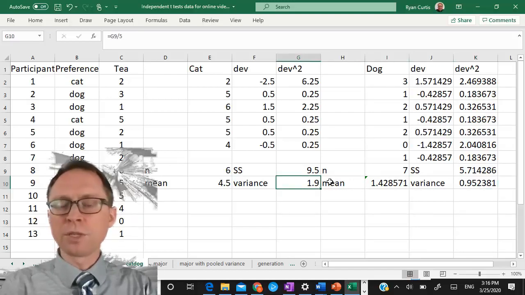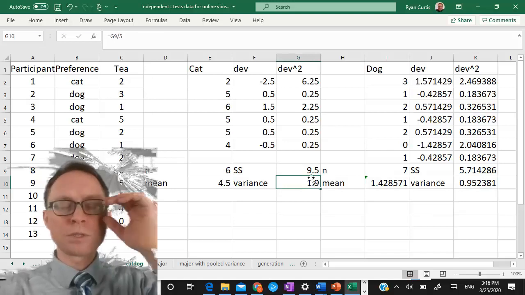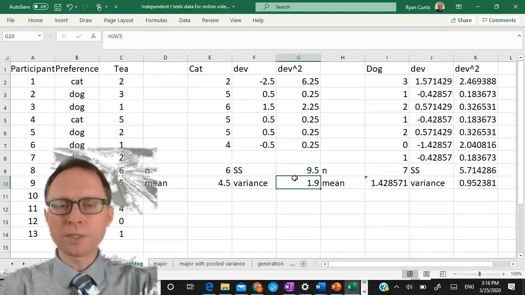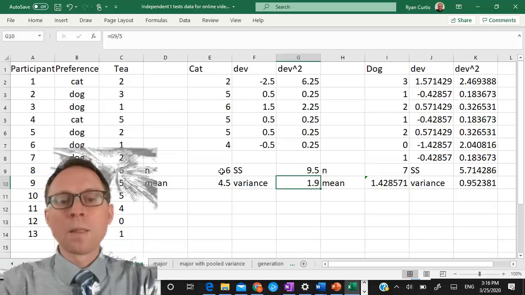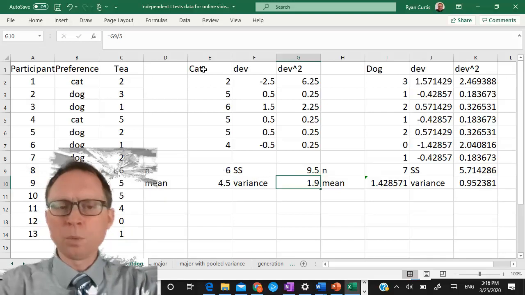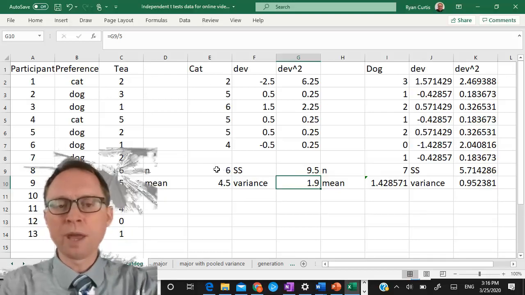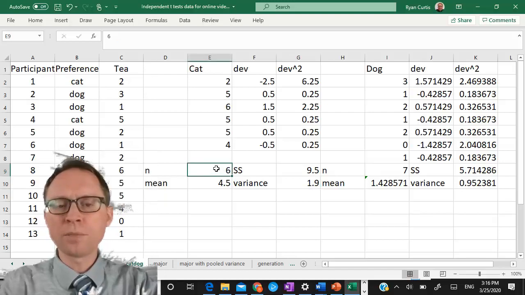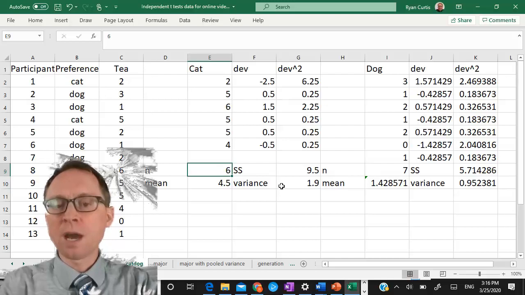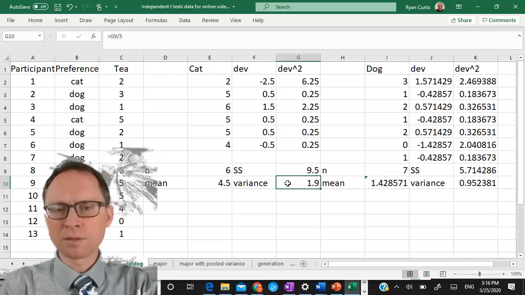So now we need to create the pooled variance. If you remember, the way we do the pooled variance is we take n sub 1, which will be cat people for us. So n sub 1 minus 1, so n sub 1 is 6, minus 1 is 5, times the variance of the first group, variance sub 1.